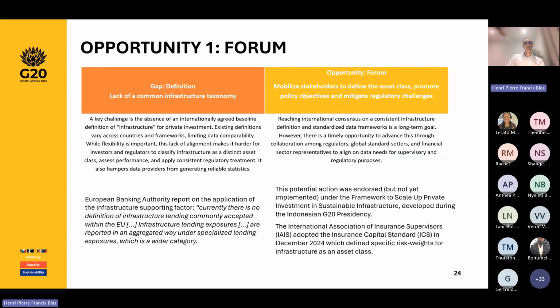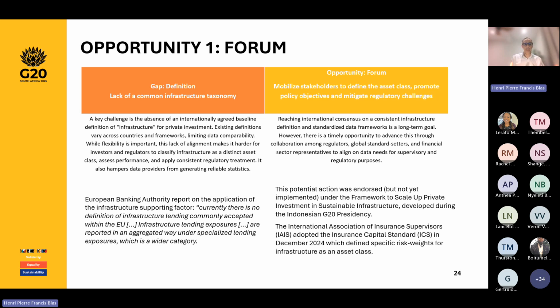All right, so very quickly here, what we co-decided as a group is three things we endorsed. I mean, the countries endorsed, we're just making recommendations. Countries endorsed the idea of having a forum that will look at how we could advance that definition of infrastructure, so that from a regulatory perspective, it gets easier to understand the performance of the infrastructure asset class overall.